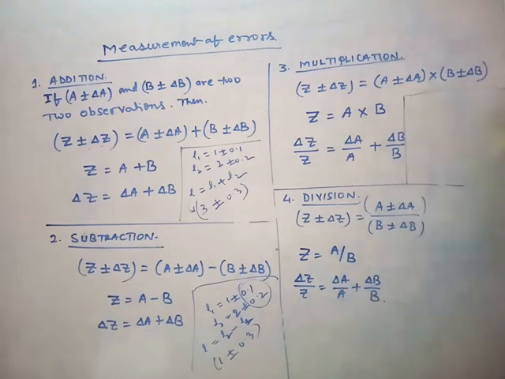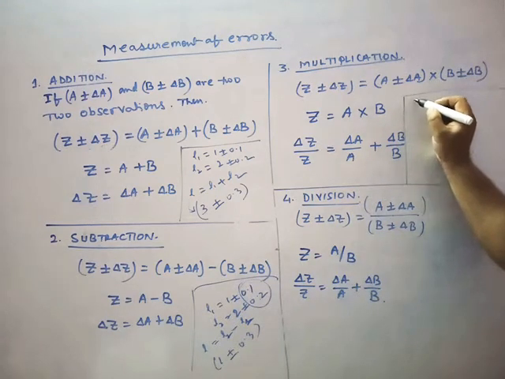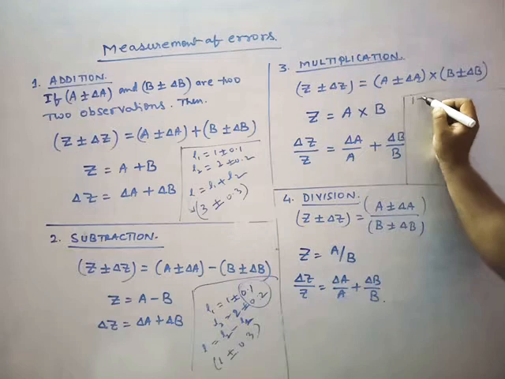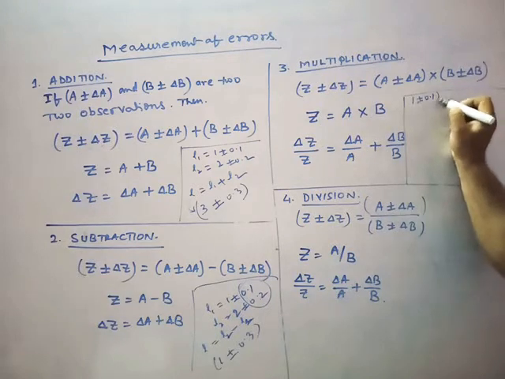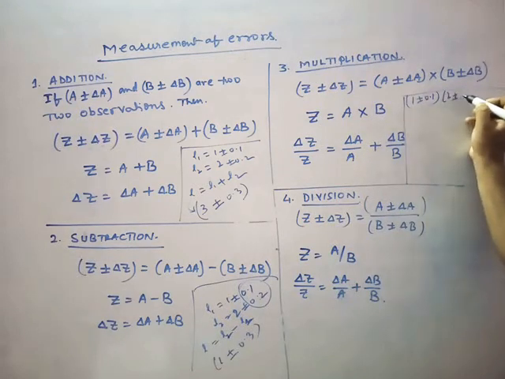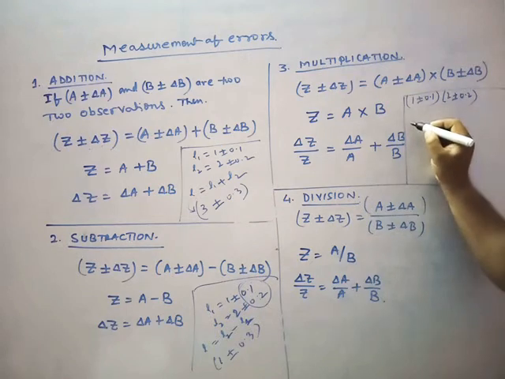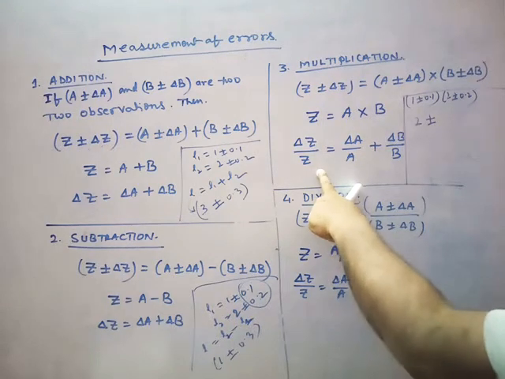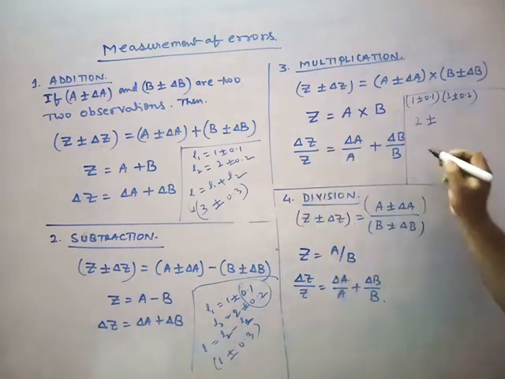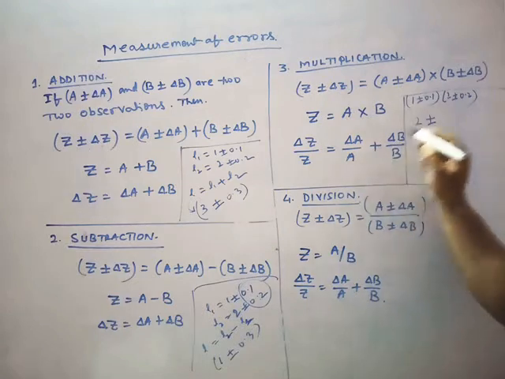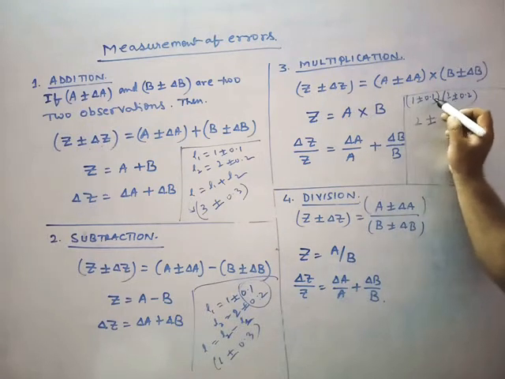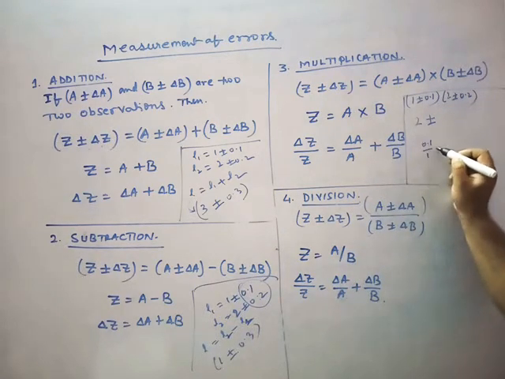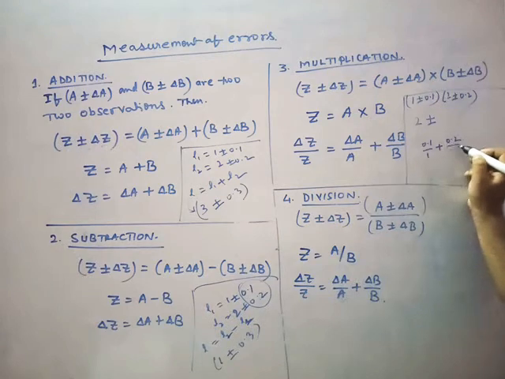In multiplication it is also very simple. If you need an example, suppose one of the observations is 1 plus minus 0.1, another observation is 2 plus minus 0.2. In multiplication, 2 times 1 is 2 plus minus, but here it is not like this. So first you have to write separately del z by z is equal to the relative. So what will be its relative? 0.1 by 1 plus 0.2 by 2.